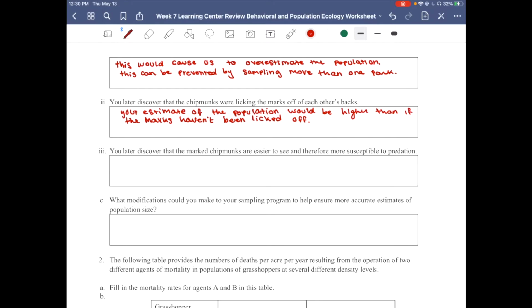So the probability of catching marked chipmunks reduces by a lot. Therefore, the population size that we calculate will also be reduced by a lot. It's proportionately going down. So it's not that we overestimated or underestimated, because as the marked chipmunks disappear, our estimate decreases by the same amount. Our proportions are still the same, but we're not able to accurately quantify the population.